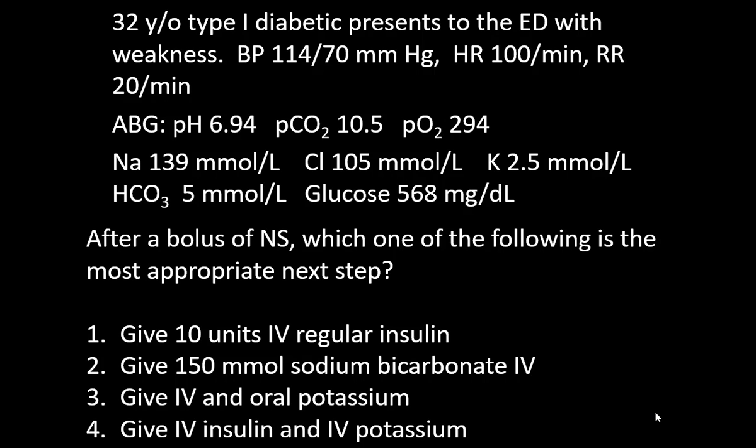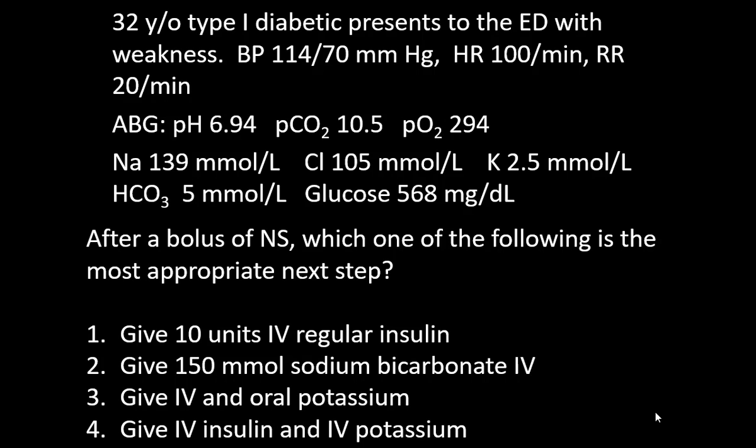A 32-year-old type 1 diabetic presents with weakness, blood pressure 114/70, heart rate 100, respiratory rate 20. ABG: pH of 6.94, PCO2 of 10, PO2 294, sodium 139, chloride 105, potassium 2.5, bicarbonate of 5, glucose 568.